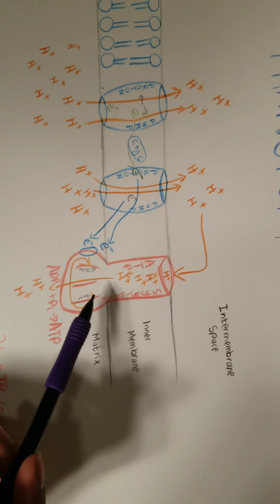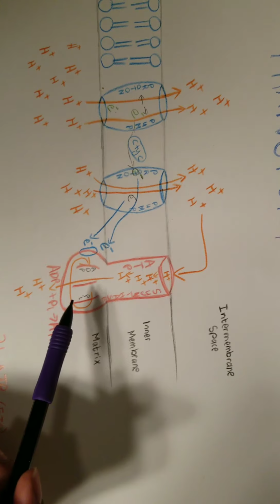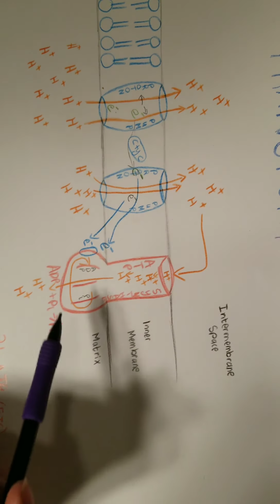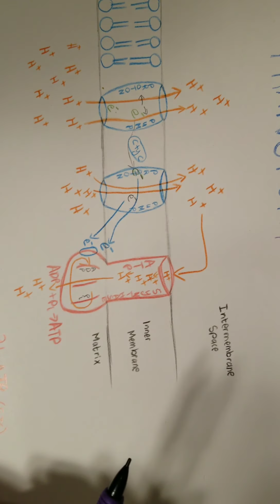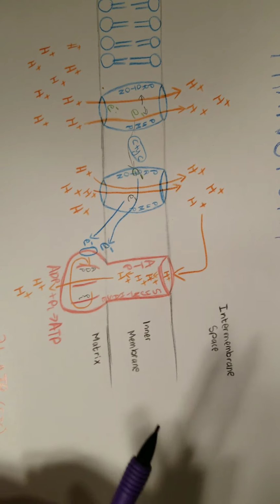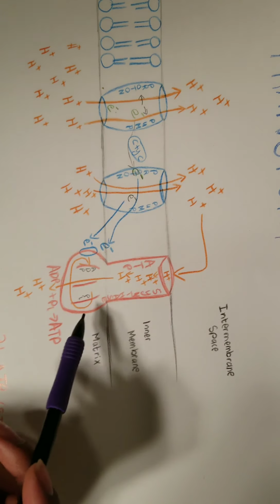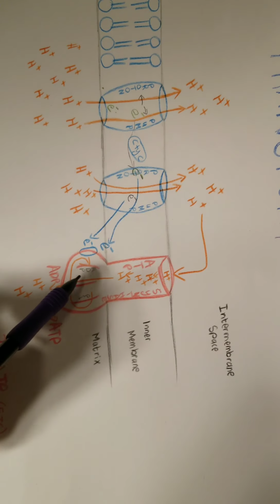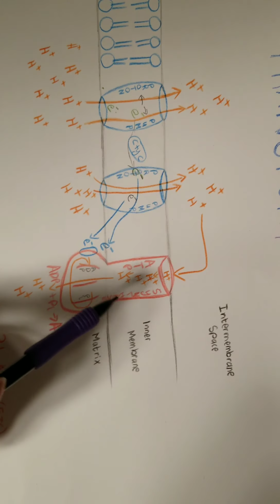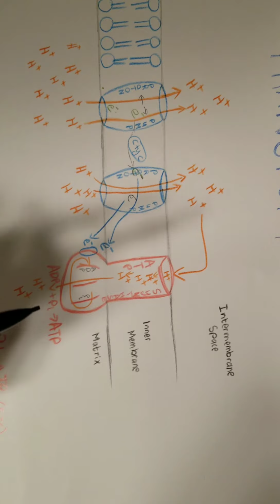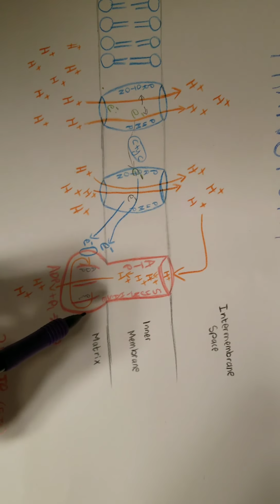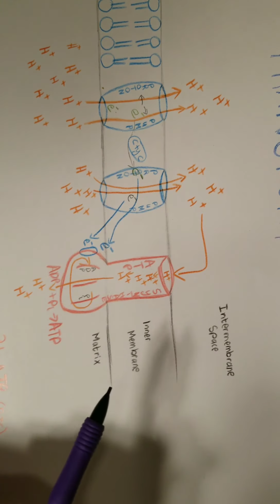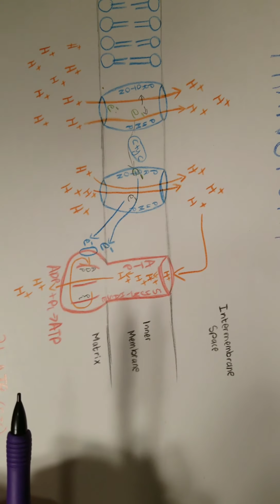When it spins, it physically throws the last phosphate, the electron cloud, to the Pi. That's what I'm going to call it, Pi. When the last electron cloud is thrown from here to there, that's when the ATP is going to be made, and that's where most of the ATP is going to be made.